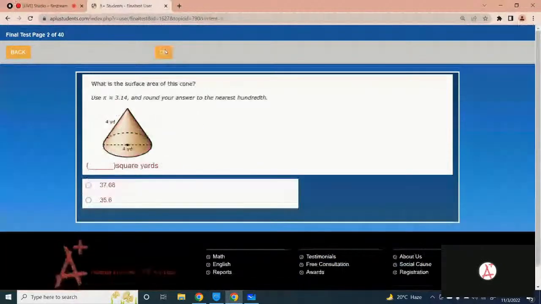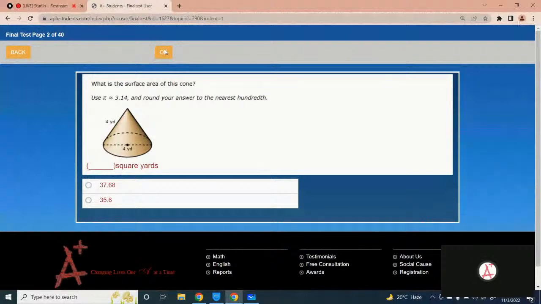Okay, the next one is: what is the surface area of this cone? You have to find the surface area of the cone. Got it? You have the slant length, which is 4 yards, and the diameter is 4 yards.